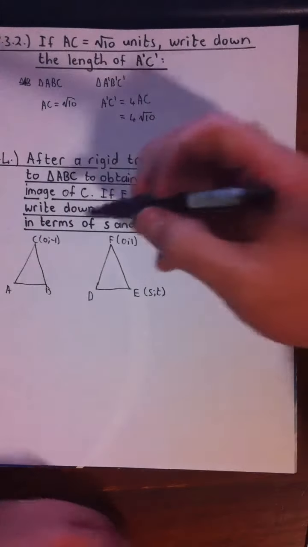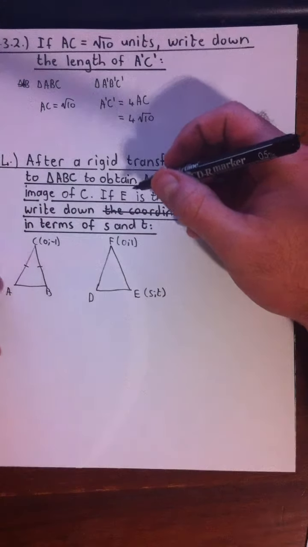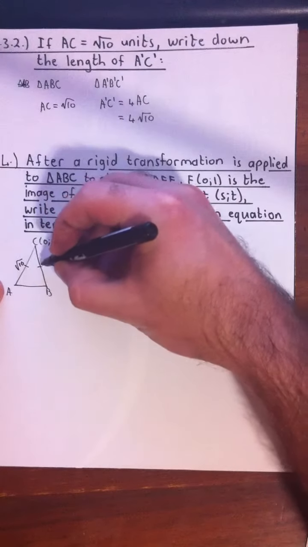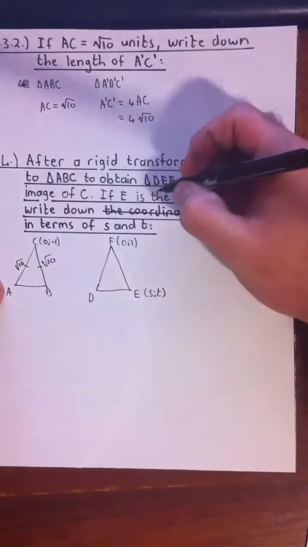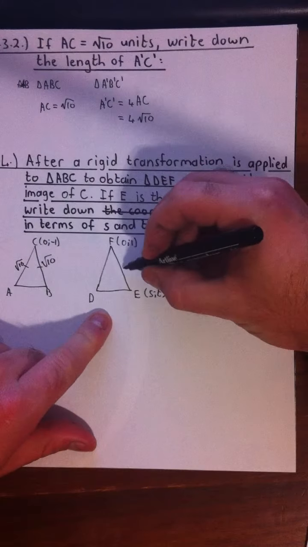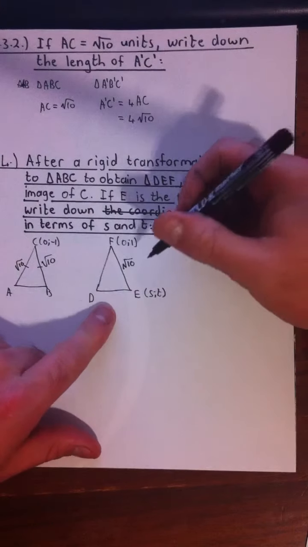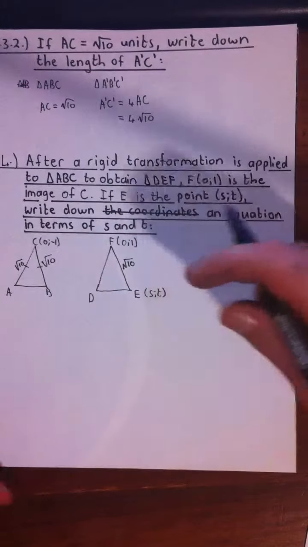Okay, write down an equation in terms of S and T. Well, we can, because we know that, because the isosceles triangle has equal sides here, this was square root 10, so this distance is also square root 10. Now we know that because it's a rigid transformation, this distance is also square root 10. But how do we calculate the distance?